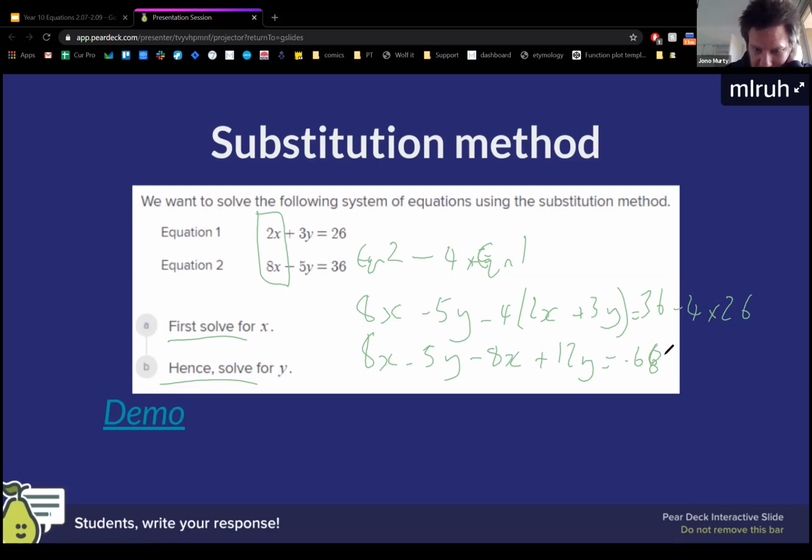Now, collect like terms. These go. That was the whole point. Minus 5y plus 12y is 7y. That's not right. What have I done? I really cannot. No, 26. No. Oh, 100, yeah. 36 minus 104. What am I doing?